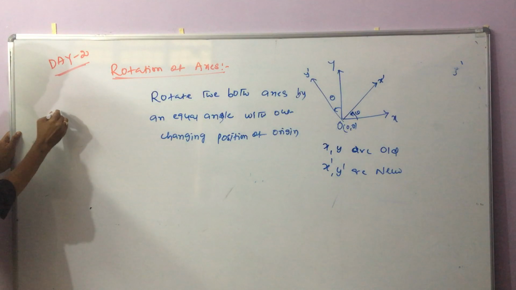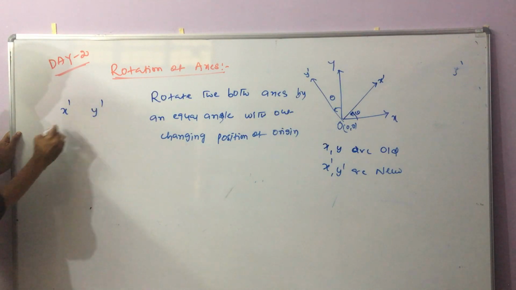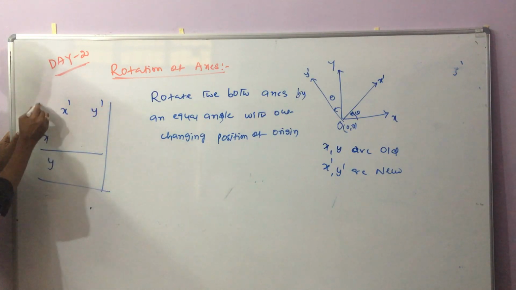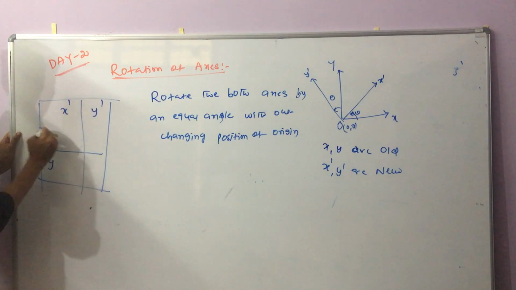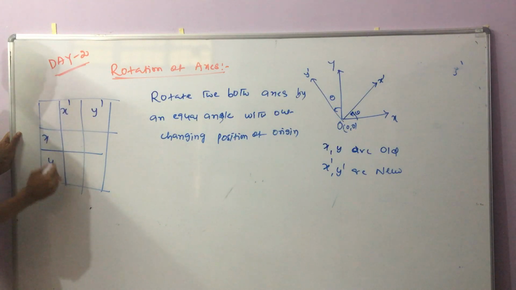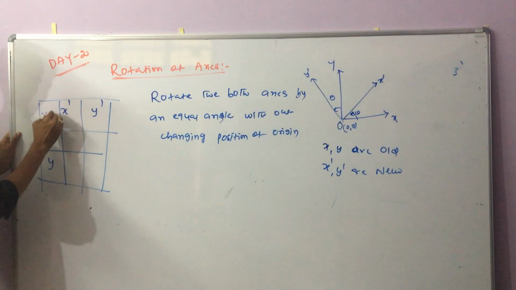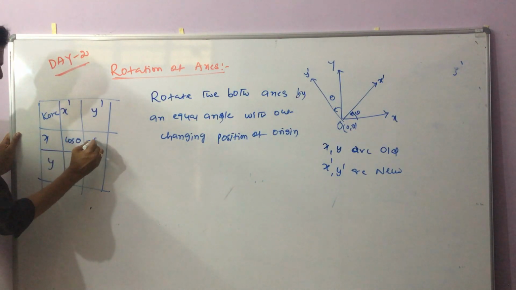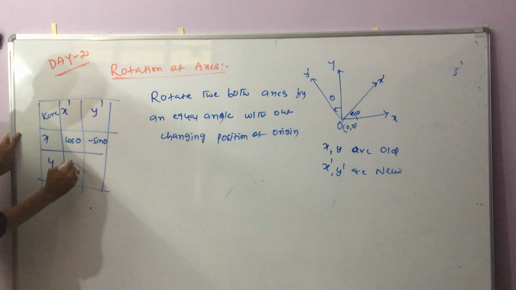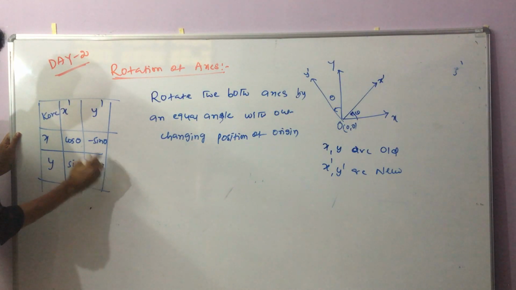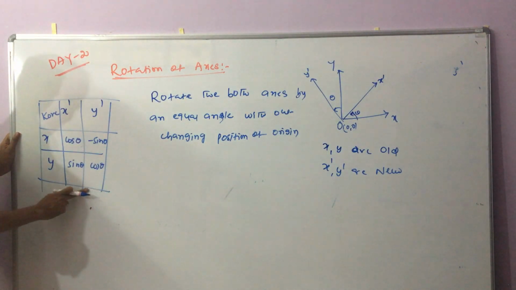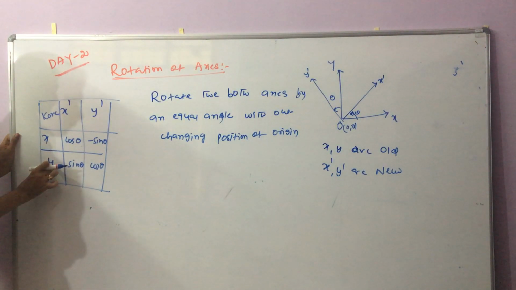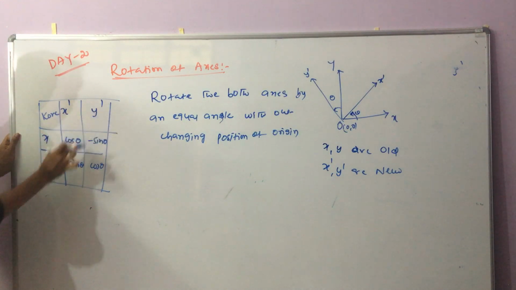Listen carefully. x dash and y dash against x, y: cos theta, minus sin theta, sin theta, cos theta. Tabular form is most important. Don't memorize the formula. Here x, y are old and x dash, y dash are new.